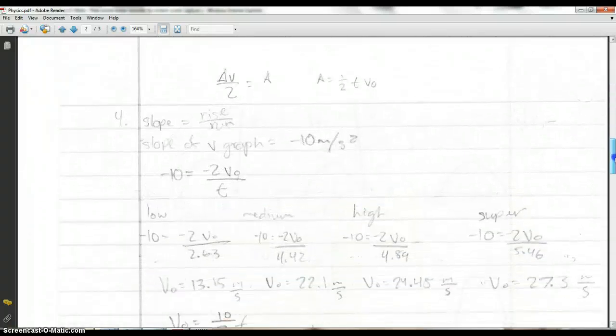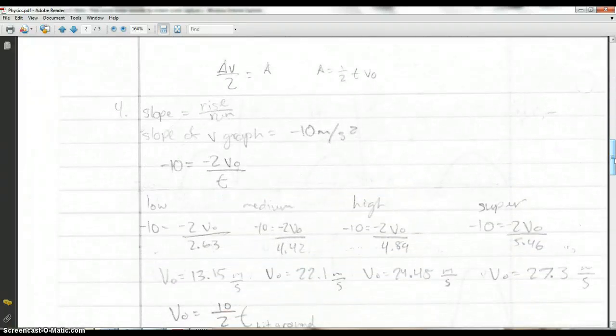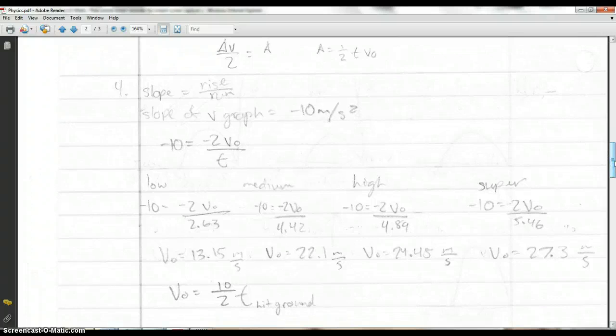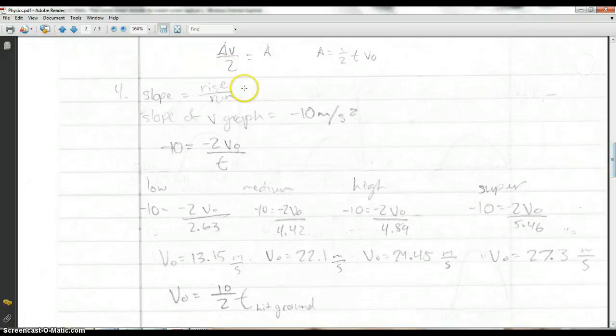So now we move on to number 4, and it says, how fast was the rocket traveling when it was first launched? How do you know? So this is asking for V naught, or V initial, the initial velocity that it starts in. So I just wrote down the slope. Slope equals rise over run, right? And the slope of the velocity graph, we know, because that's the acceleration graph, is negative 10 meters per second squared.